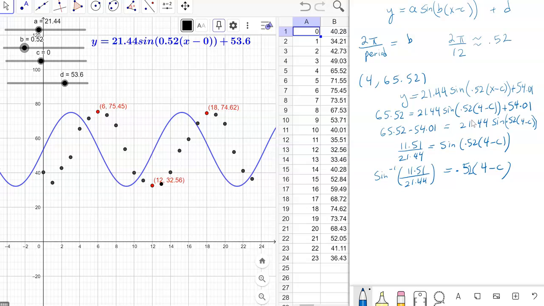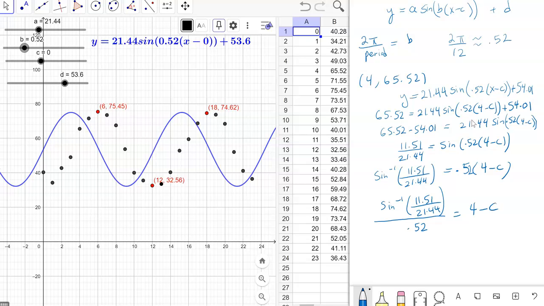Divide my answer by 0.52, so I have sine inverse of 11.51 divided by 21.44. Divide that by 0.52, and that's equal to 4 minus c.